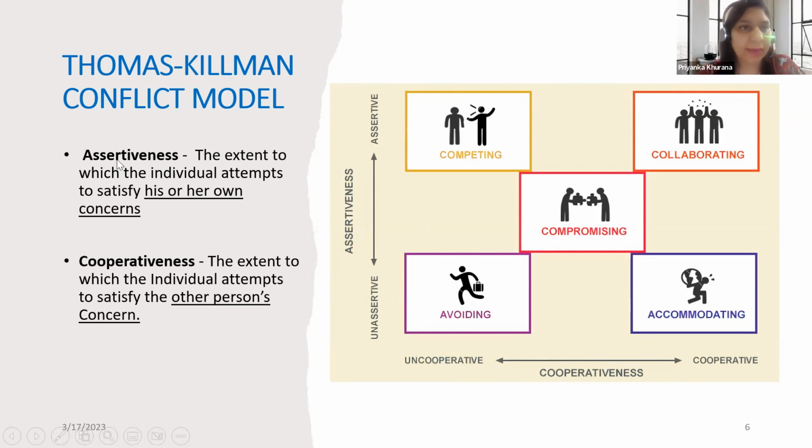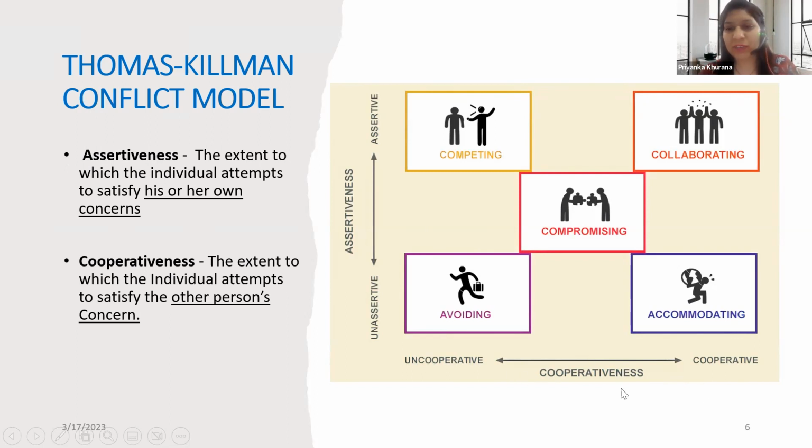As you see here, assertiveness means the extent to which an individual attempts to satisfy his or her own concerns. So in a conflict situation, for example, I am in a conflict with Sahili, and I am trying to put my point first and I want my wish to be fulfilled first. Then I am more of an assertive person. I'm not trying to understand the other person's concerns.